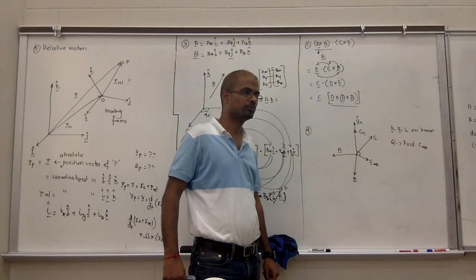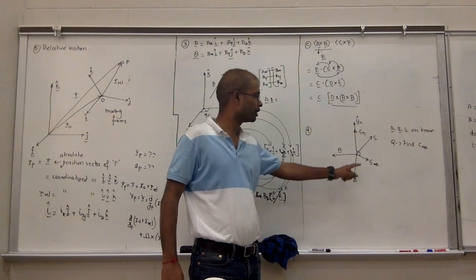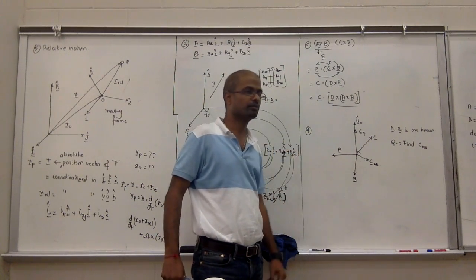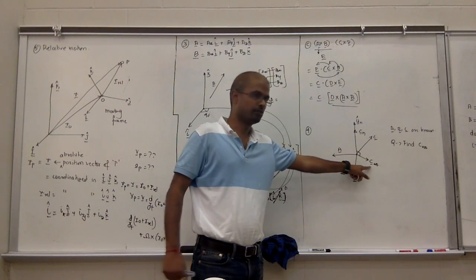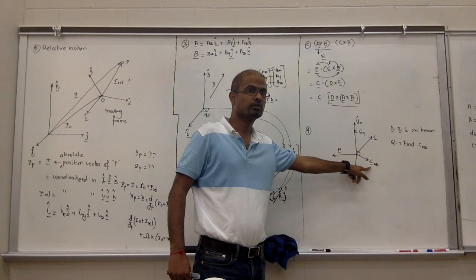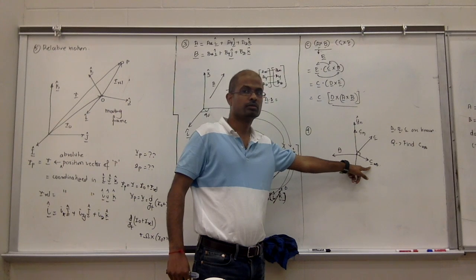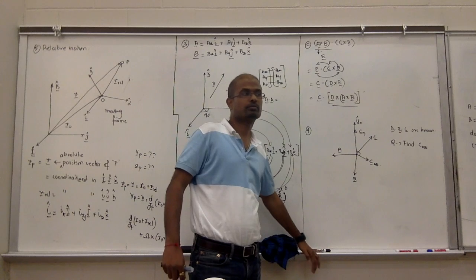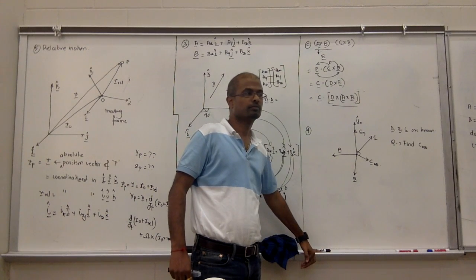Coplanar. See, we have vectors A, B, C. These are coplanar. How do you validate coplanar? Isn't it the triple product equaling zero?